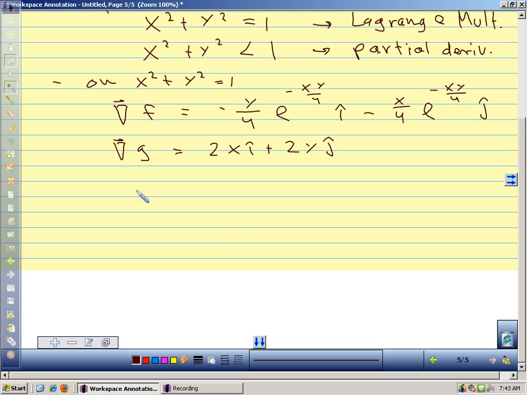And we're going to say that del f equals lambda del g, and we're going to equate components.